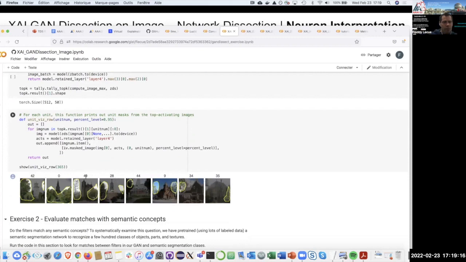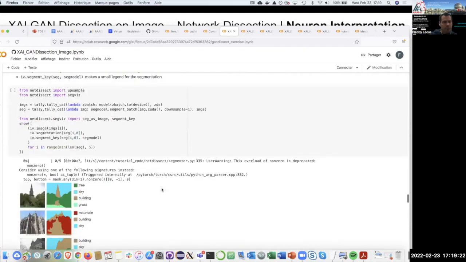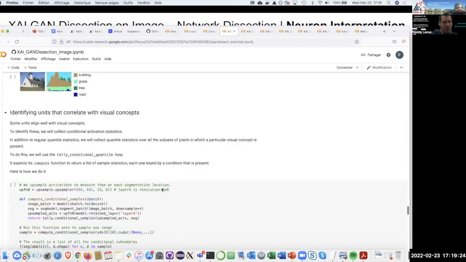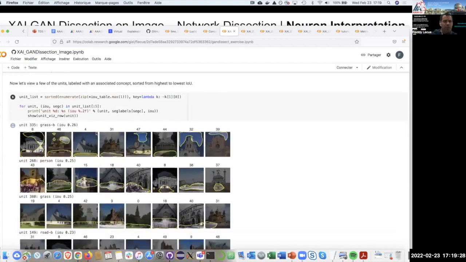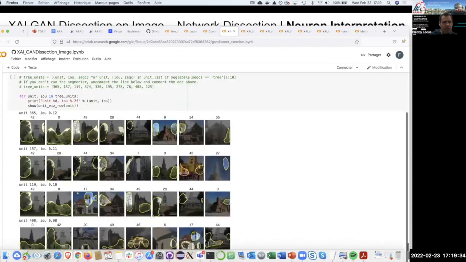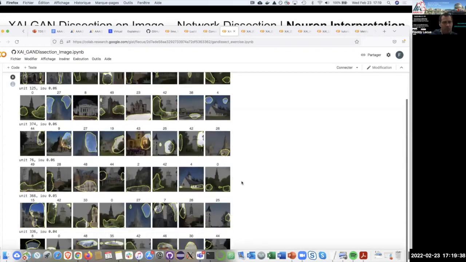So 42, 44, 9, and so on. So the neurons capturing the trees. Yeah, that's semantic segmentation here. And the same exercise over here, but I think it's on sky and ground, so towards the end, it's more. Yeah, so that's the trees.